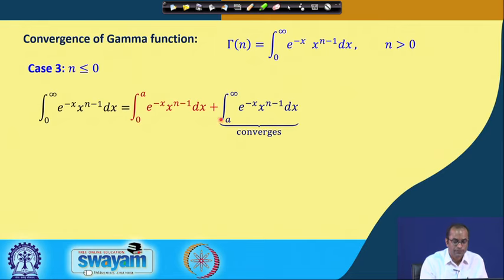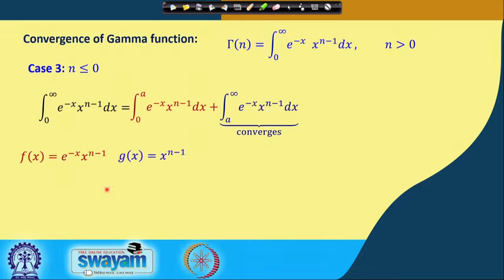The integral from a to infinity converges, which we have already seen before. Now, for the other one, f(x) is e^(-x), and for g we take x^(n-1).